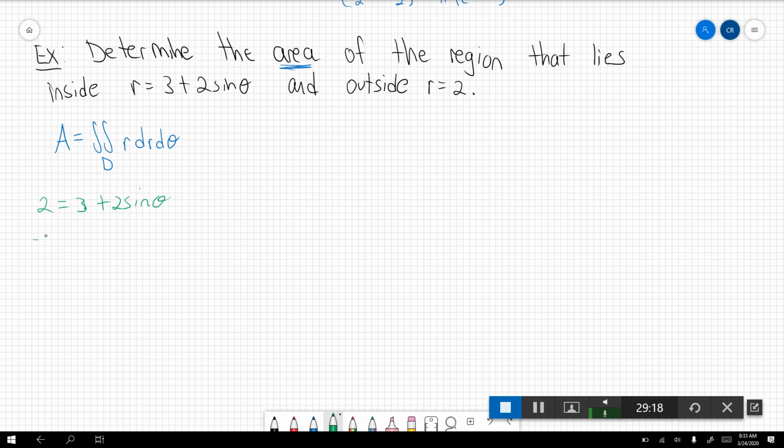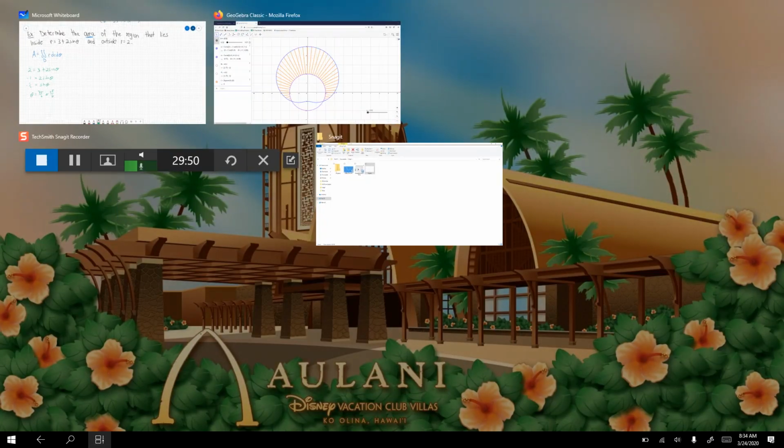Subtract the 3 over, that's going to be negative 1 = 2 sin θ. Then negative 1/2 = sin θ. This will then tell us, naturally, according to the unit circle, there are two different theta values. Theta must be 7π/6 or 11π/6. So those are the two values that we need here.